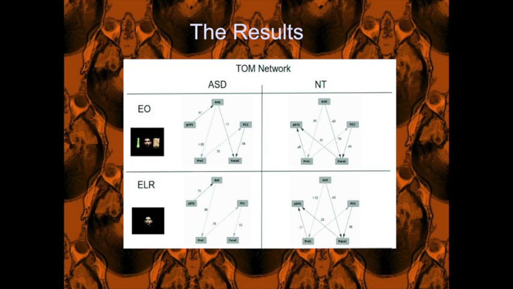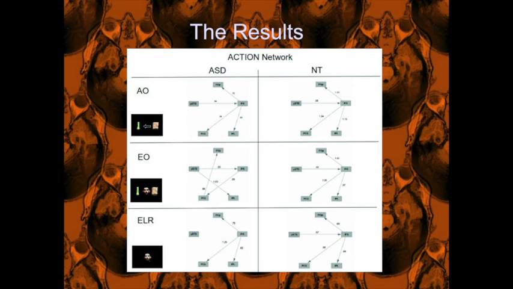The other thing to note is that whereas the neurotypicals were very stable in their pattern of connectivity across the two tasks, EO and ELR, that were tapping into the TOM network, the autistic subjects were very different across those two tasks, as well as being different from NT. So these individuals are responding very differently, not only in general from neurotypicals, but even across the same tasks that are meant to tap into that network.